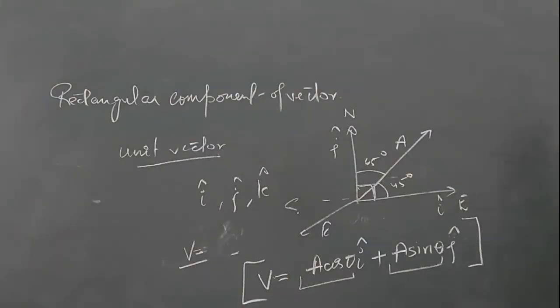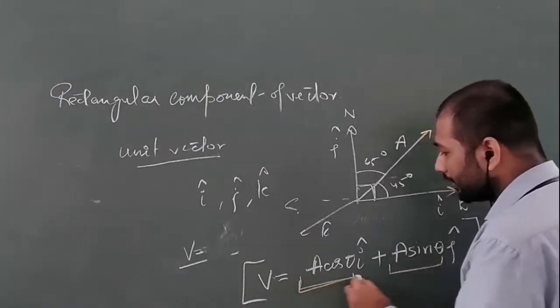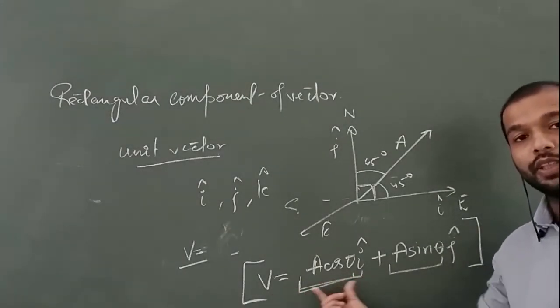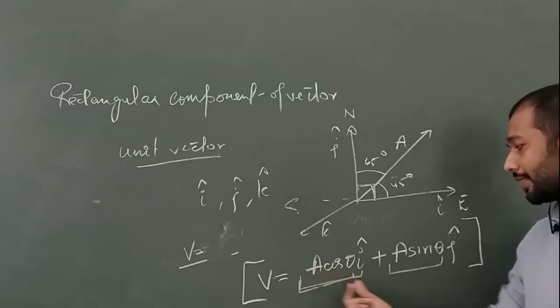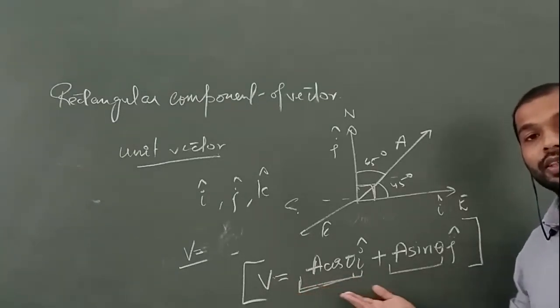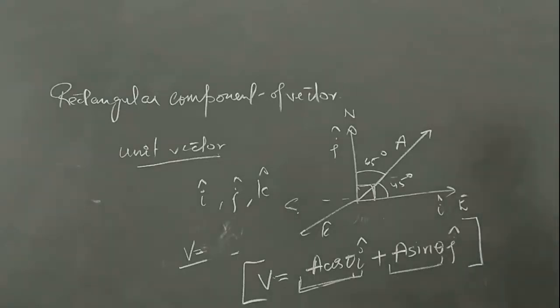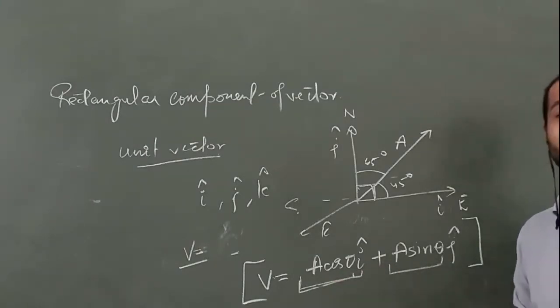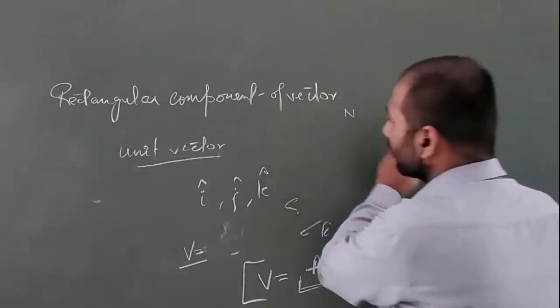So this is what I just wrote: the i cap component is the component of this vector V on the x-axis, and this is the component of V on the y-axis. This format, the complete format of writing a vector with the individual component in each direction, is known as the rectangular component of a particular vector.